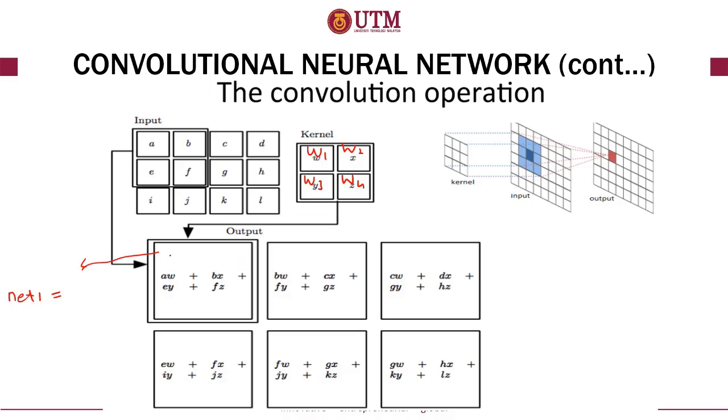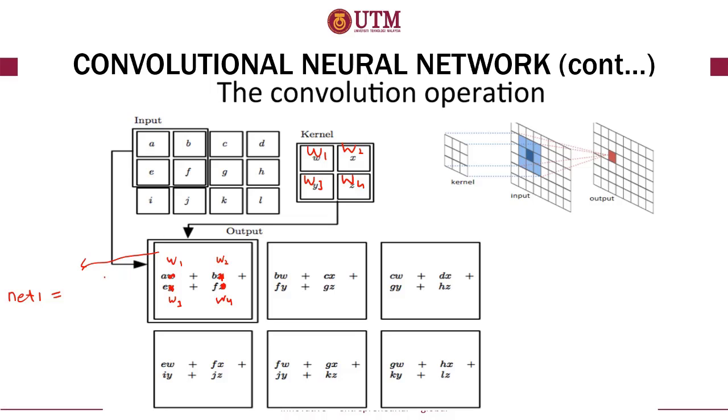So if I replace that, this one is W1, W2, W3, W4. Okay, so A, B, E, F here is the input from the input layers.